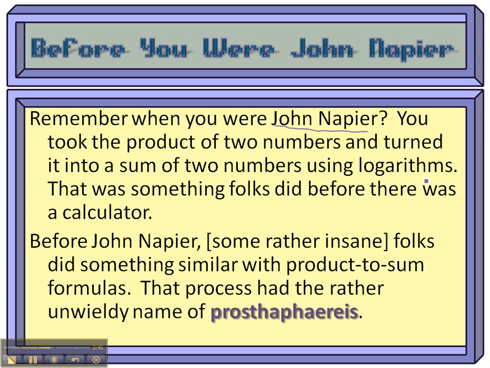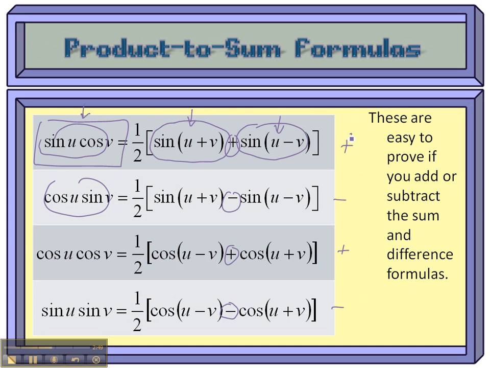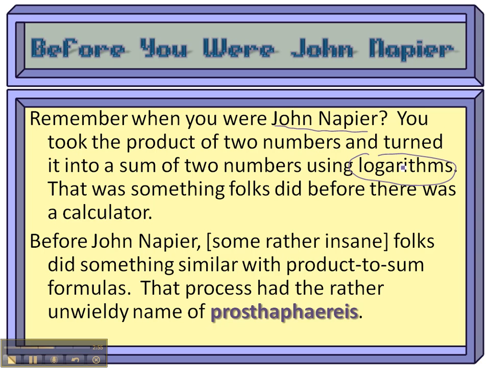So before logarithms came around, before Napier came around and destroyed everything, what people used were these product to sum formulas. Problem is that they were a lot more complicated than logarithms, so logarithms replaced those.